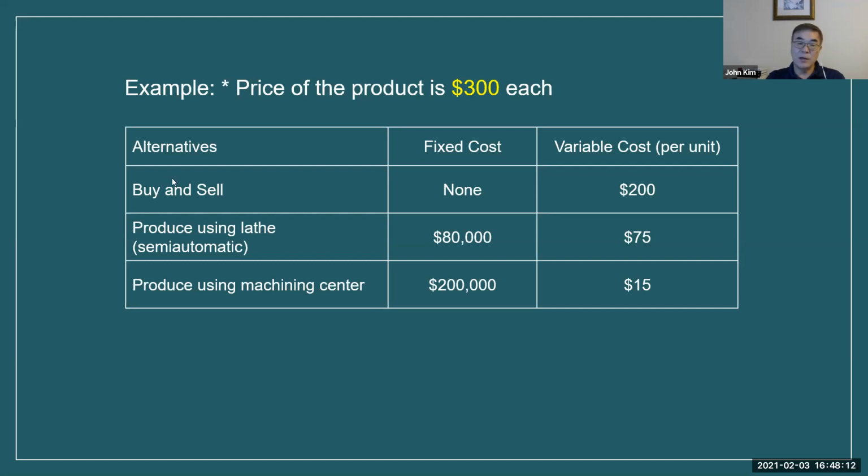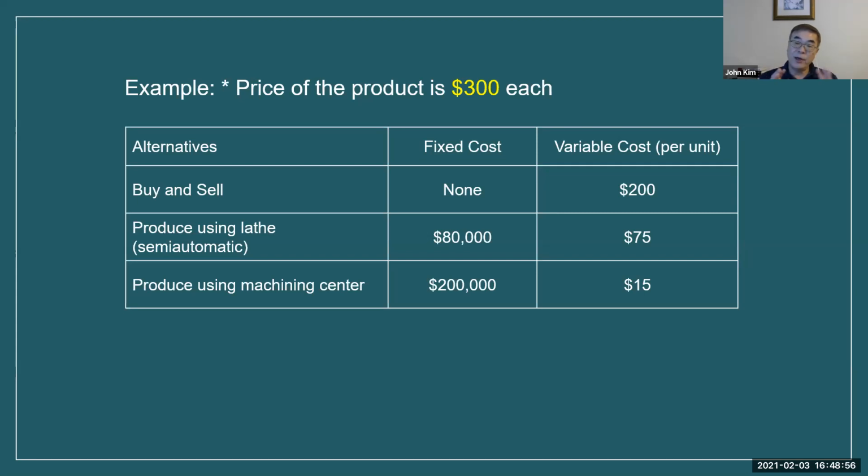The second option is to produce using our own facility and sell. Using a lathe, a semi-automatic machine, the cost is $80,000, and the variable cost is $75. Third, using a better machine center or automatic machine, there is a higher fixed cost but lower variable cost.